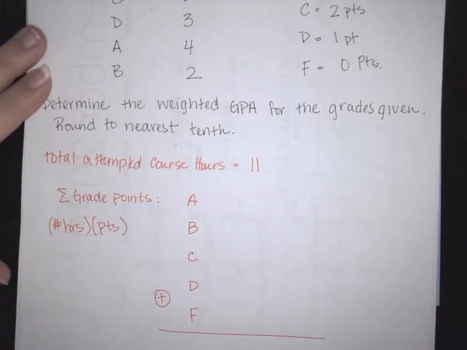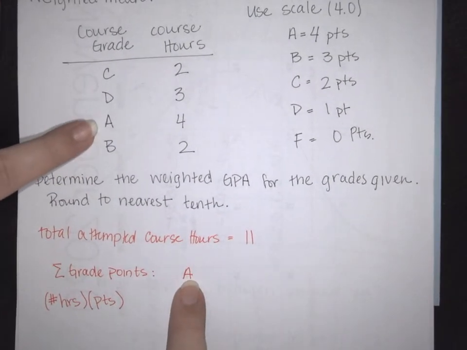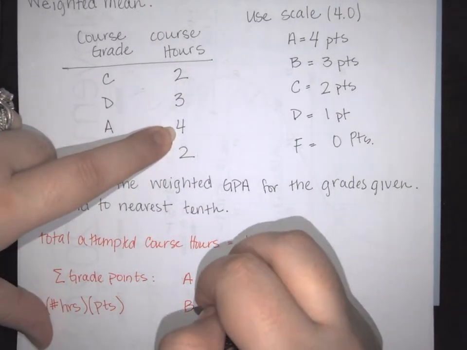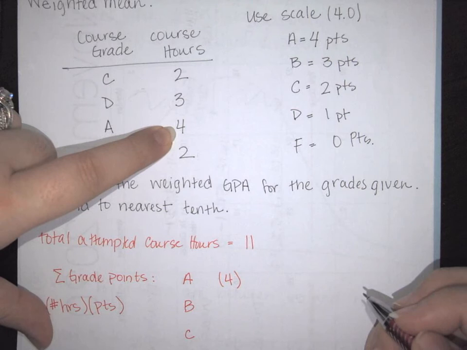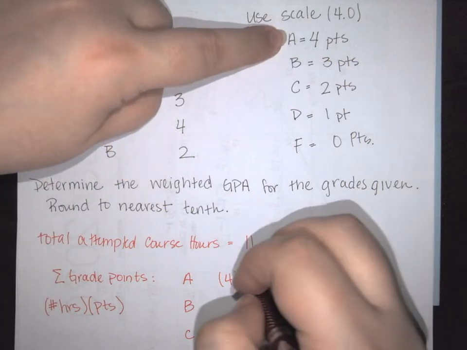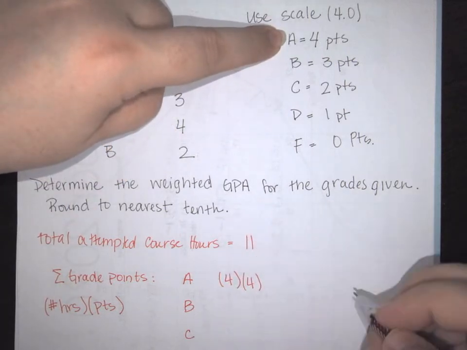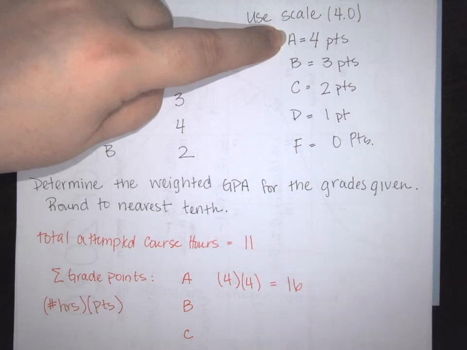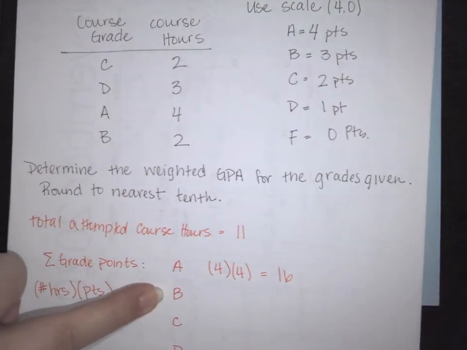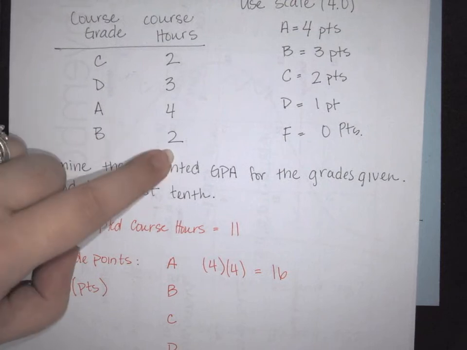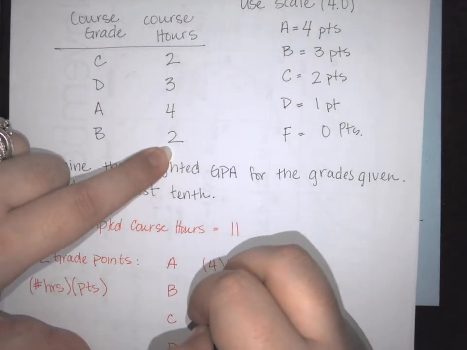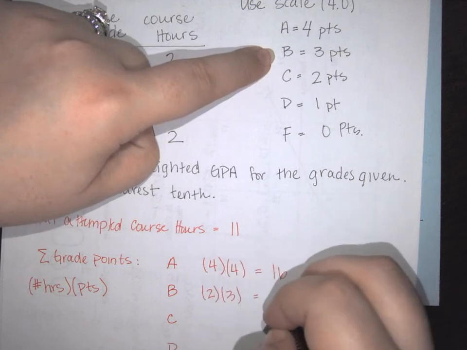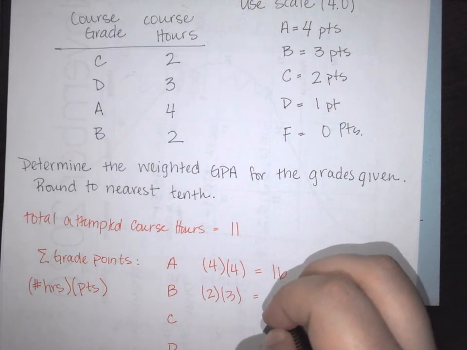So for my A, the number of attempted hours was 4, and the number of points I earned is 4 points. So this is going to give me 16 total. Now B's are next. Here with B's, I had 2 attempted hours at 3 points each, so 2 times 3 gives me 6.